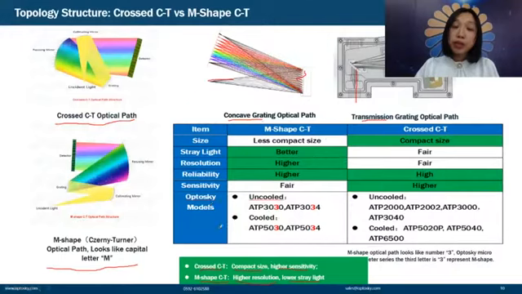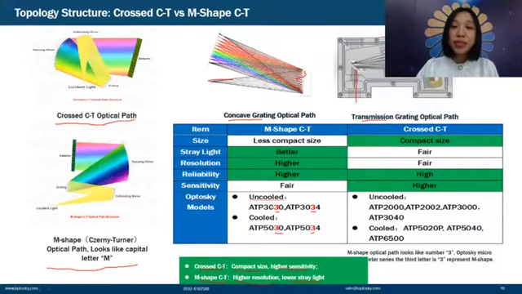In Optosky's models, we use the third digit 3 to indicate M-shaped CT. So if you see our model number has 3 as the third number, you can know it's the M-shaped CT. We also divide into uncooled and cooled spectrometers.